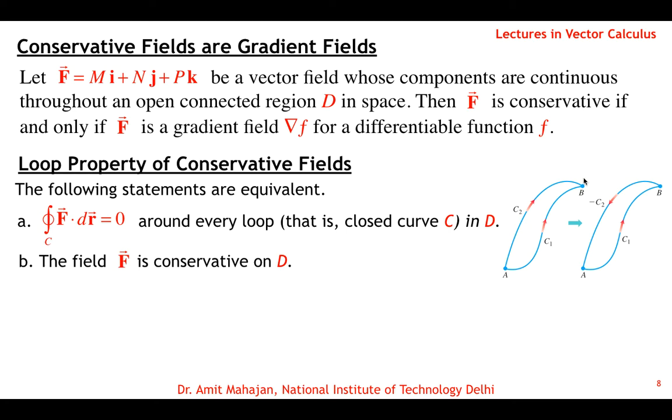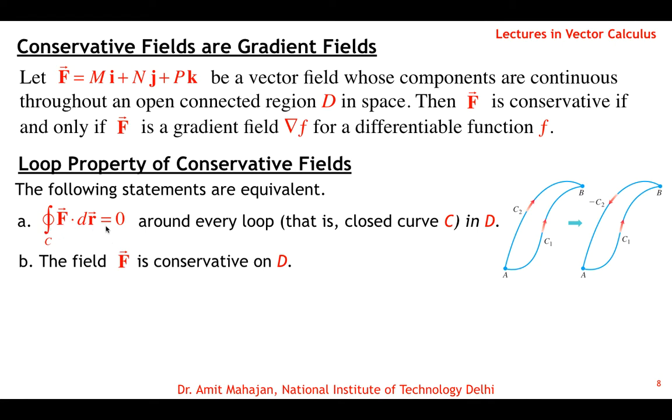Because changing the direction reverses the sign of the integral, the integral from A to B over C2 is the same as the integral from B to A over C2 with a negative sign. So if I reverse the direction of one of the integrals, it converts the positive to a negative sign, and they add up to create a closed loop, so the integral value becomes 0. So this immediately implies this.